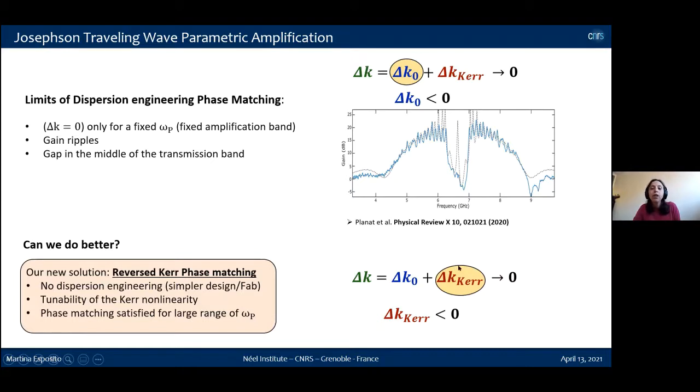And in particular, we want to reverse the sign of this delta K Kerr in order to balance this term and have a total phase mismatch equal to 0. And in this way, we don't need any dispersion engineering.